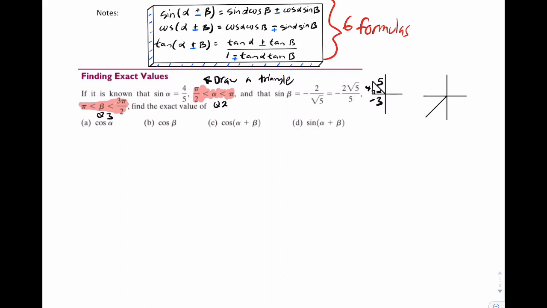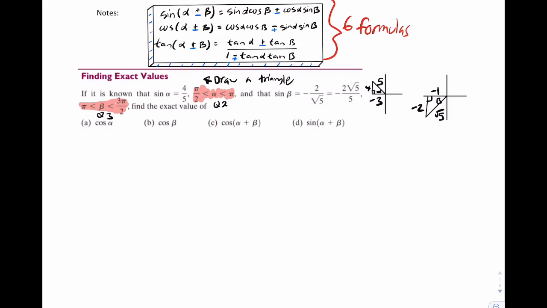Oh, a little ugly. That's a little better. Let's put our right angle there. This is beta. And sine is -2 over root 5, so I'll do that. Let's do our Pythagorean theorem, so this should be 1, but it's negative since we're in quadrant 3.